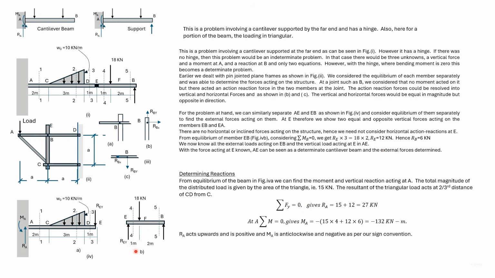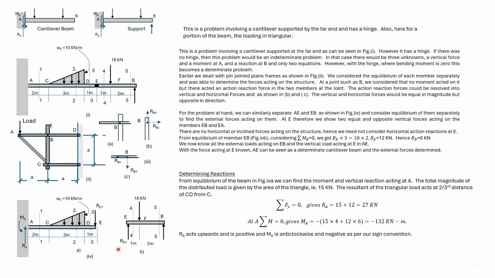Then summing up forces in the vertical direction of the beam EB, we get RB as 6 kilonewton. So now we have the external reactions acting on the beam EB.